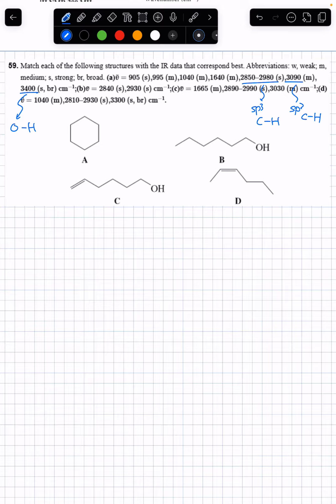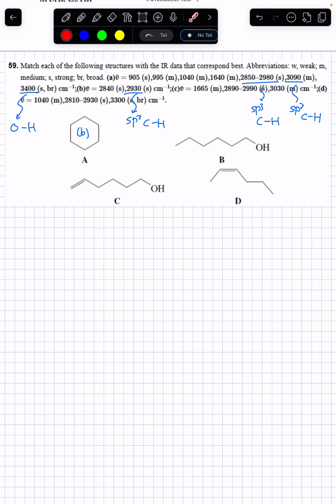So that much we know fairly well. And then B seems like an sp3 CH, but other than that, it's hard to tell what else is going on. But it's significant that B doesn't really have any functional group. Really just by that alone, this has got to be B. Hope that makes sense.